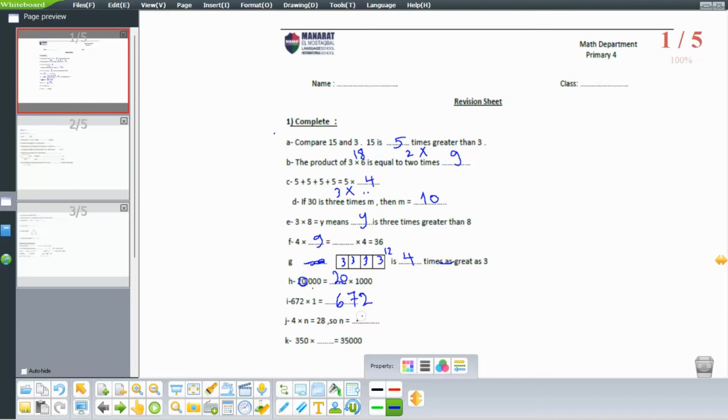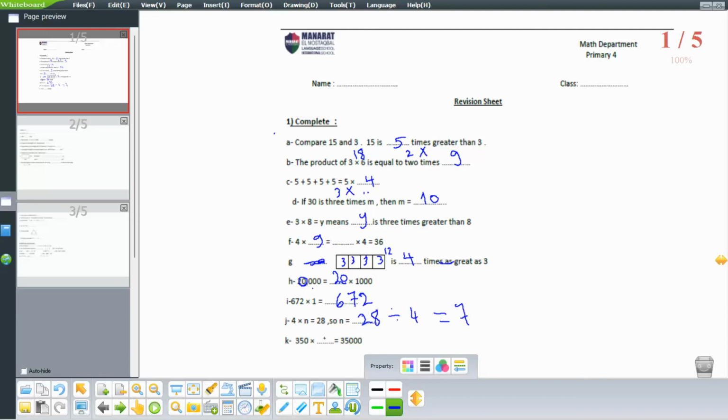So n equals 28. In multiplication, we make it division: 28 divided by 4 equals 7.